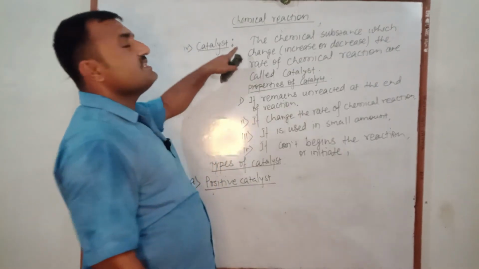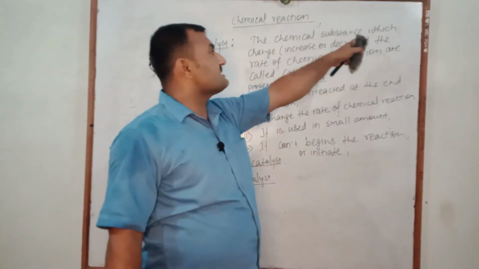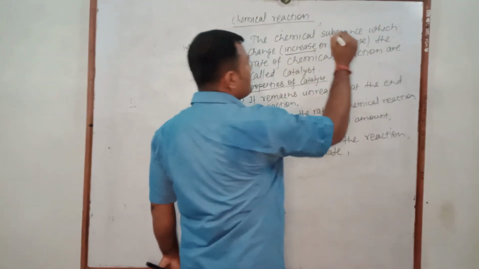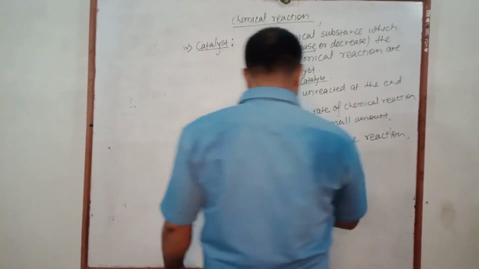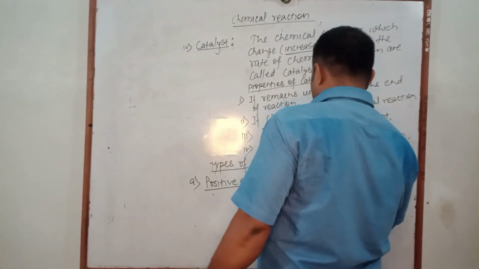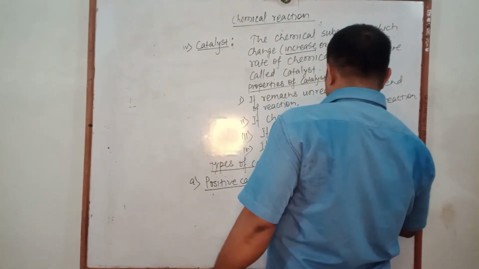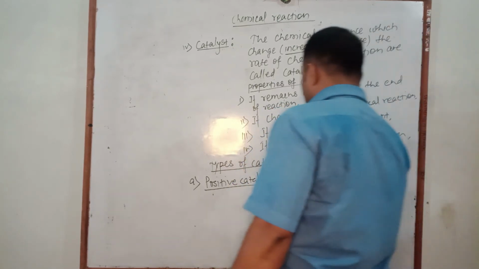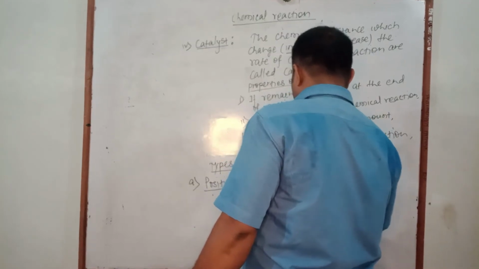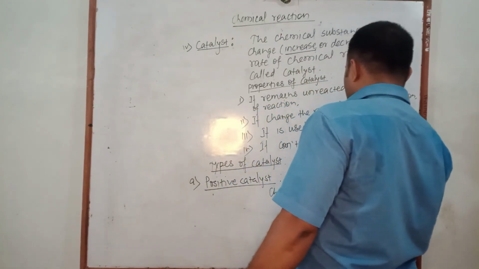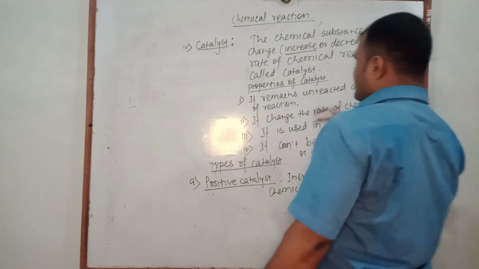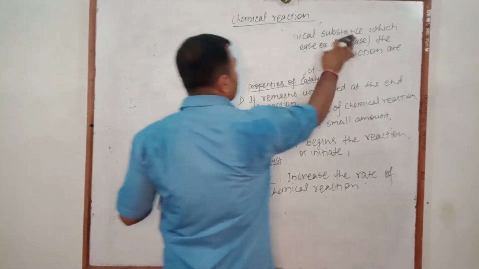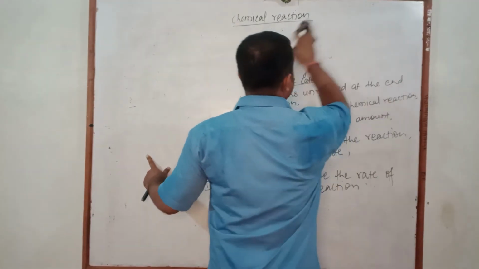From that definition we can write: the chemical substance which increases the rate of chemical reaction is known as a positive catalyst. A positive catalyst only increases the rate of reaction.